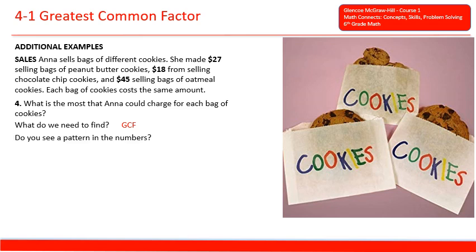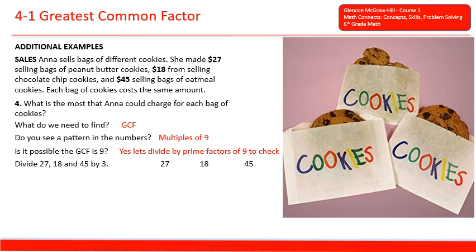And do you see a pattern in the numbers 27, 18, and 45? Think back to your multiplication tables. Those are all multiples of 9. So is it possible that the greatest common factor is 9? Yep, we'll divide.